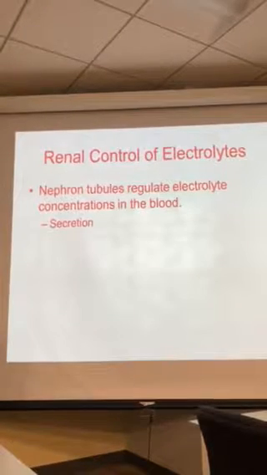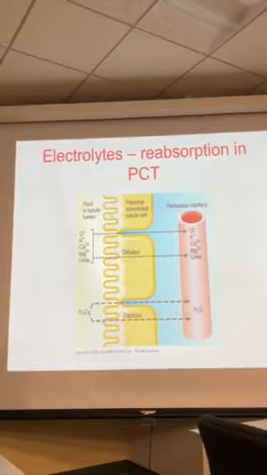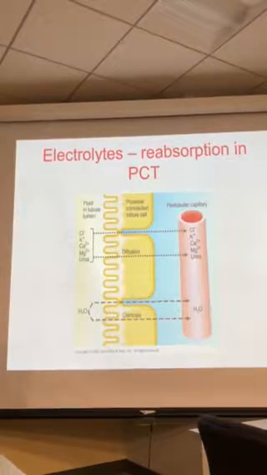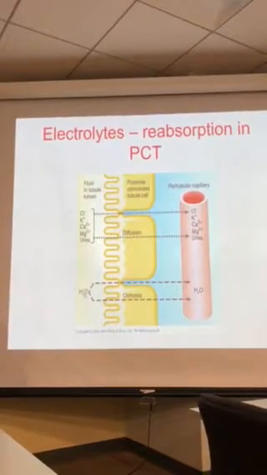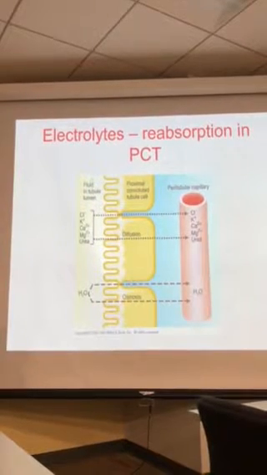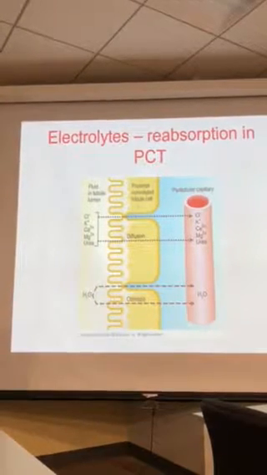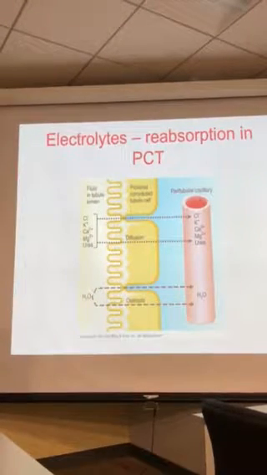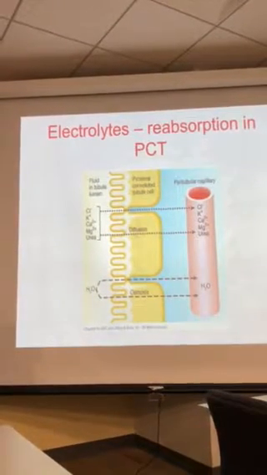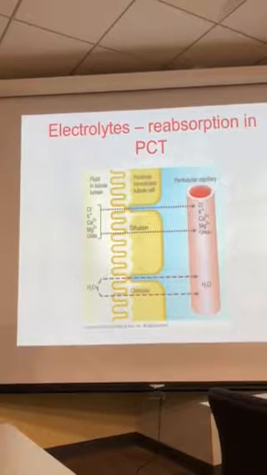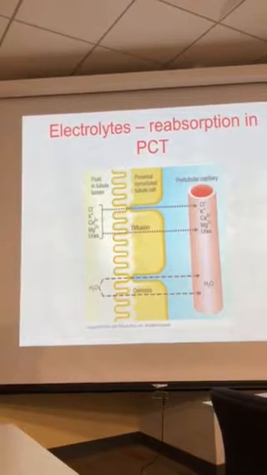So the nephron tubules regulate electrolyte concentration in blood via secretion. So here they are. These are all the important electrolytes: chloride, potassium, calcium, magnesium, and water. So here, if you have them flowing along in this filtrate that came out of the glomerulus, the proximal convoluted tubule can take these through paracellularly between those cells, or they can diffuse through those cells, slower rate, and go into those peritubular capillaries, so you can get all those back for free.